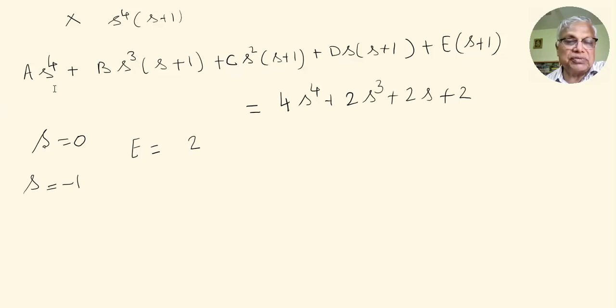Only the A term is left, and minus 1 power 4 is plus 1, so you get A. On the right hand side, when you put s equal to minus 1, 4 minus 2 plus 2, so you get A equal to 2.